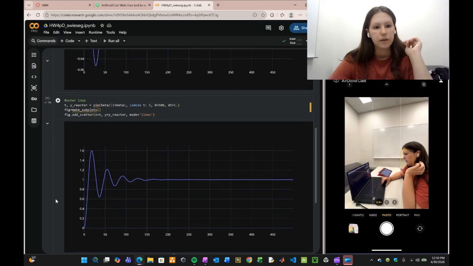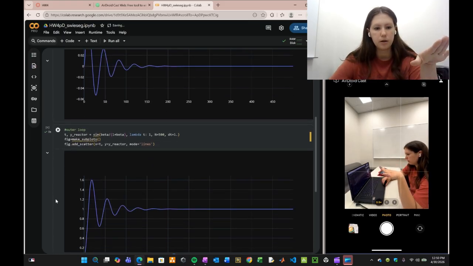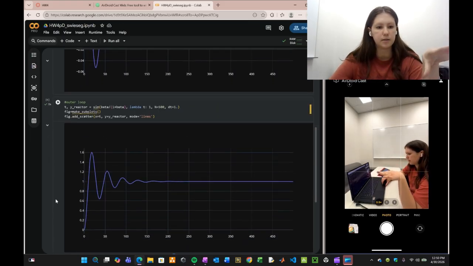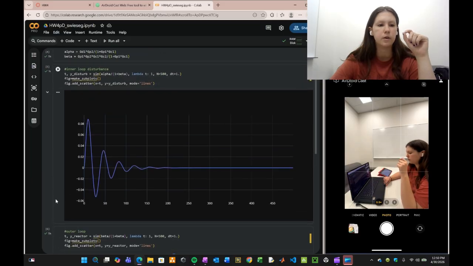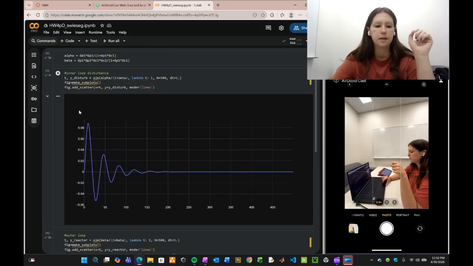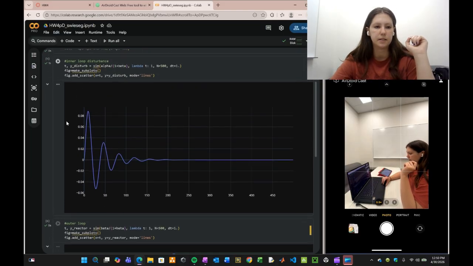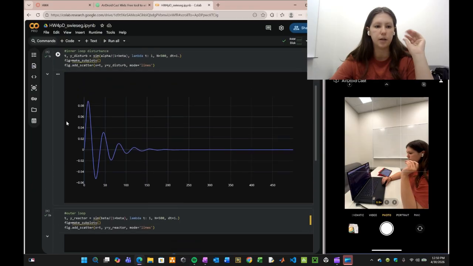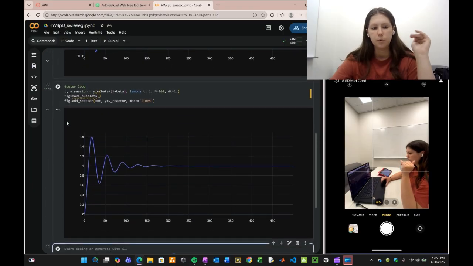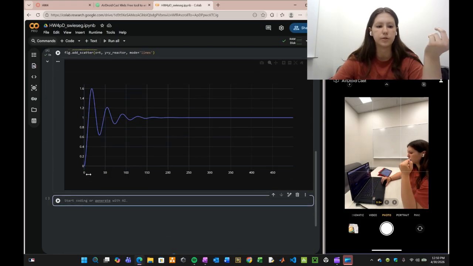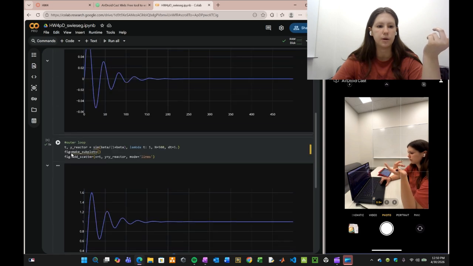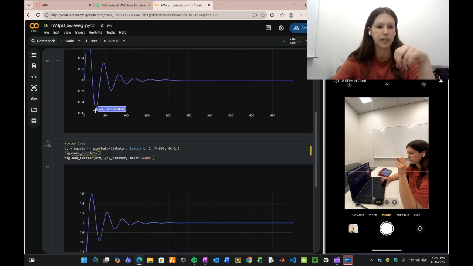Okay, so we can see that there's a little more oscillation in the early behavior of our inner loop disturbance, and that this inner loop disturbance kind of goes up and down, whereas the outer loop doesn't really ever go below its starting point, whereas this one goes below 0 into the negatives.